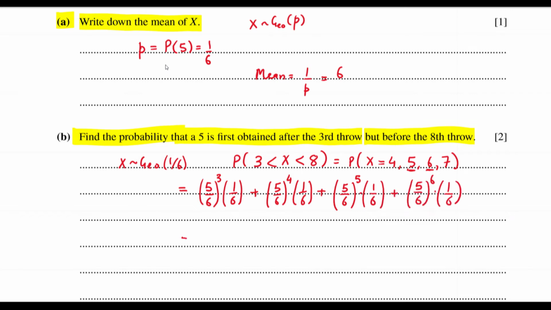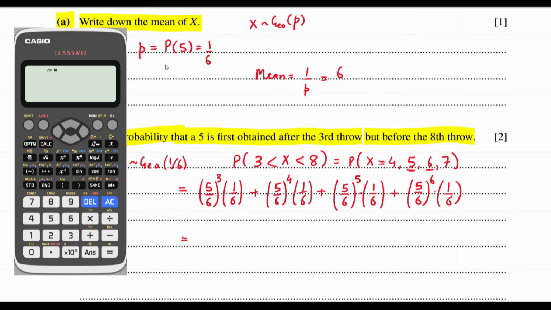so we need to calculate this. In order to calculate this, I would store 5/6 to one alphabet, let's say A, so that it would be easy to calculate, and 1/6 to alphabet B. So now we are going to calculate a to the power 3 multiplied by b, plus a to the power 4 multiplied by b, plus a to the power 5 multiplied by b, plus a to the power 6 multiplied by b, because we have seen a is 5/6 and b is 1/6.